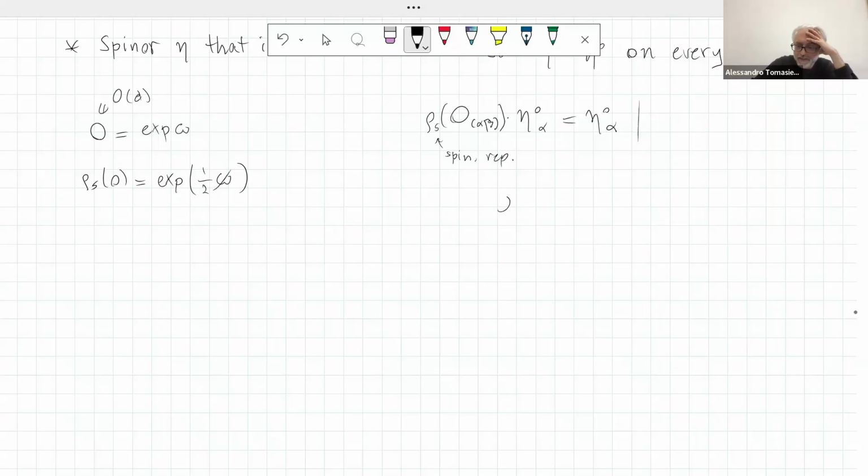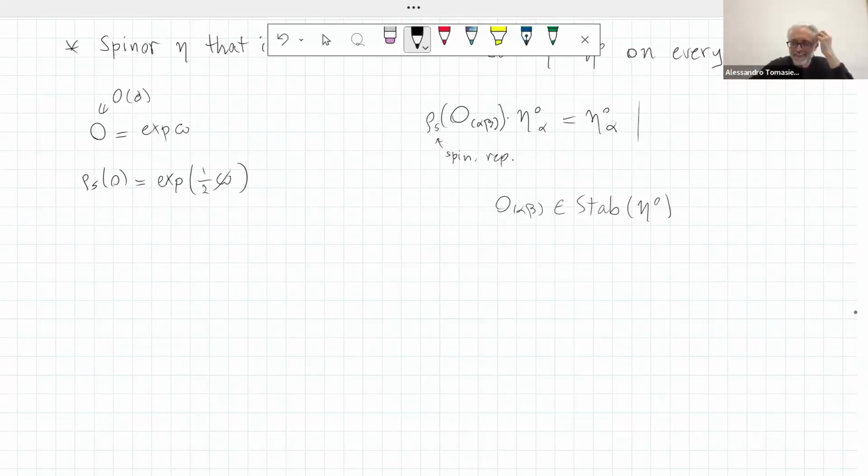So what we can say is that by definition, O will be in the stabilizer of this eta 0, the special spinor that we have taken our eta to be like. But the stabilizer is just defined as the O's whose action on eta 0 gives eta 0 again.